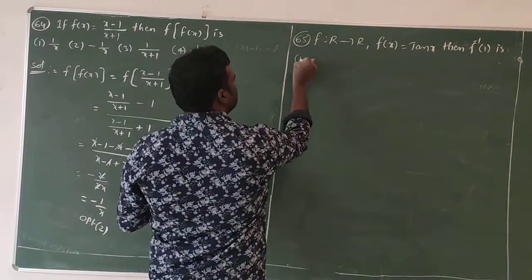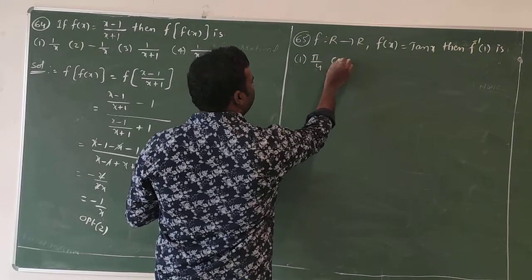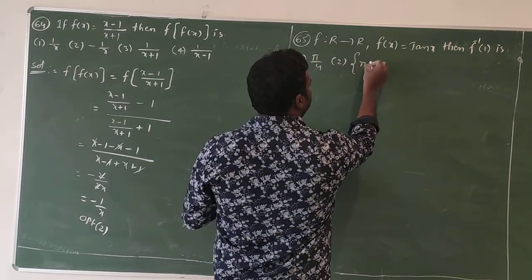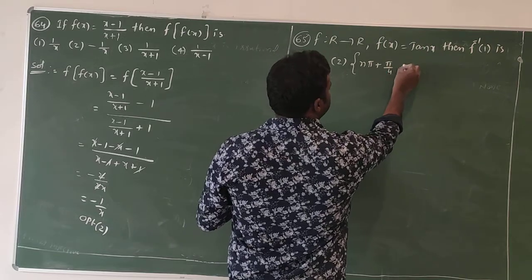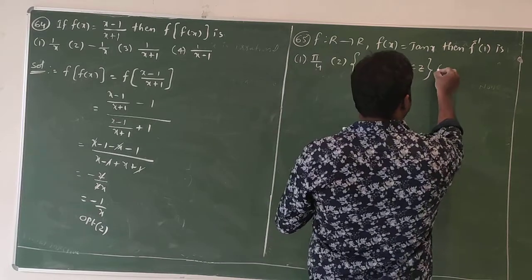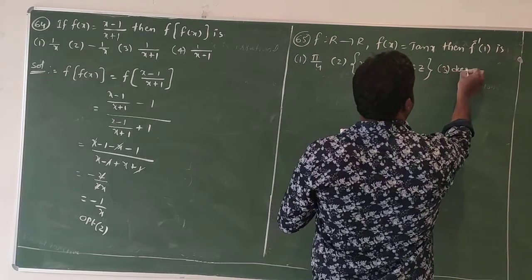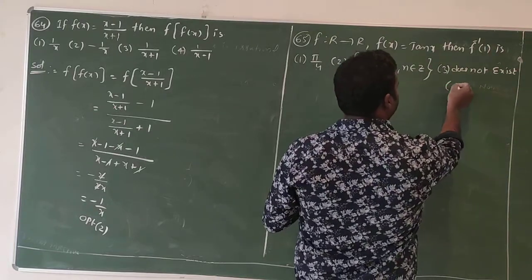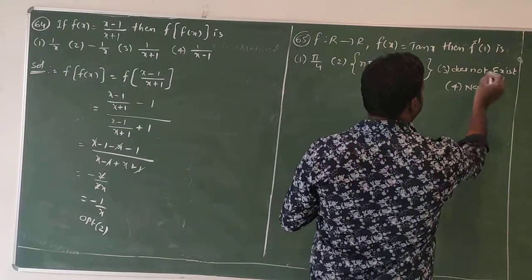First option is pi by 4. Second option is n pi plus pi by 4, where n belongs to Z. Third one does not exist. Fourth one, none of these.